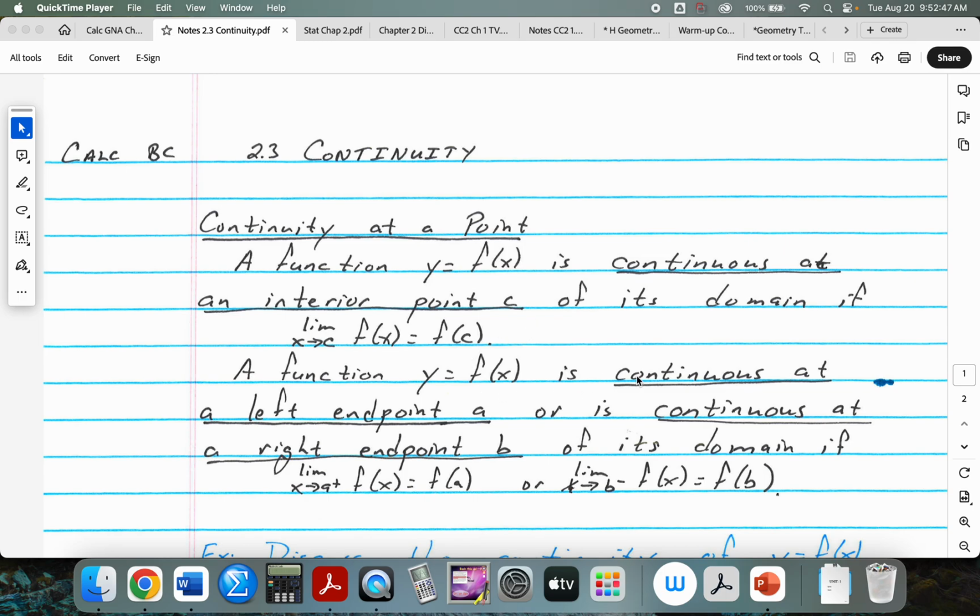A function y equals f of x is continuous at a left endpoint a, or is continuous at a right endpoint b of its domain, if the limit as x approaches a from the right of f of x is equal to f of a, or the limit as x approaches b from the left of f of x is equal to f of b. One of the things that sometimes confuses people is that at a left endpoint, we can only approach from the right. That makes sense? If we're coming up to the left endpoint, the only place we can come from is the right.